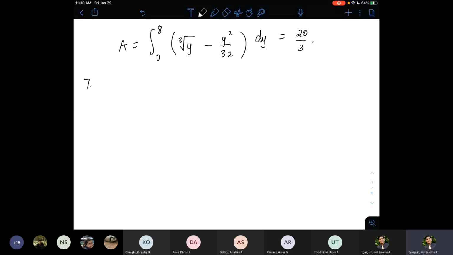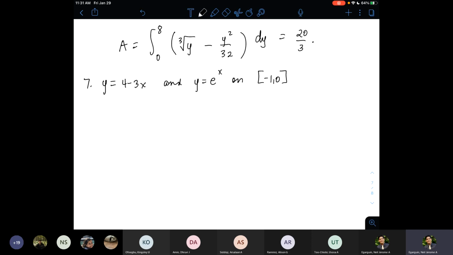For problem 7, the functions that will bound the region are the following: y equals 4 minus 3x and y equals e raised to x on the interval -1 to 0, right?